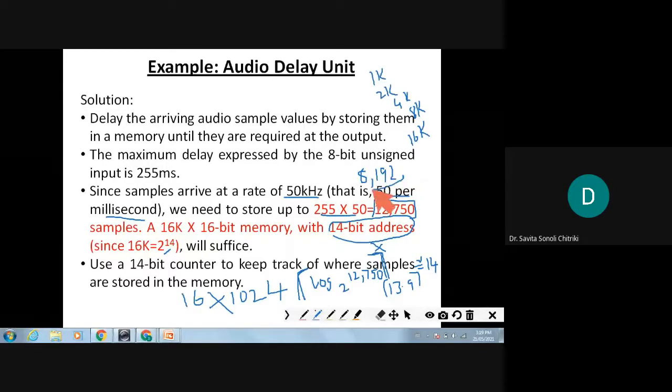So this memory we cannot use. That's why we are going for 16K, as standard memories are available, even though we don't use all the locations.